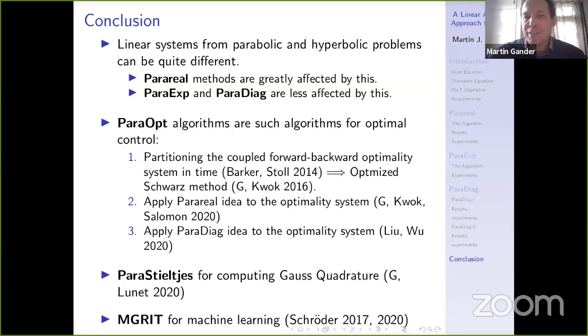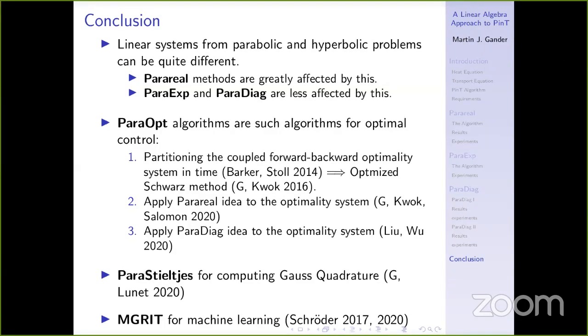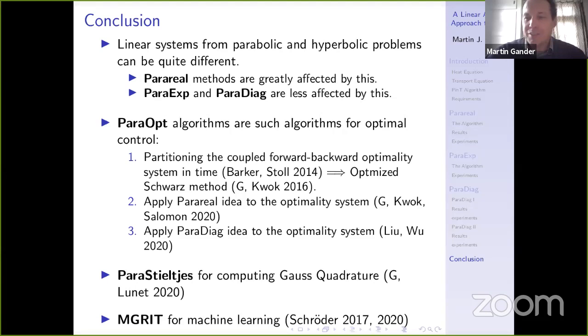Can I just say one more thing? Yeah, go ahead. For people who are interested in time parallelization, currently the 9th Parallel-in-Time Integration workshop is running. It's running electronically. It's based in Michigan, and the talks are just from 5 to 7.